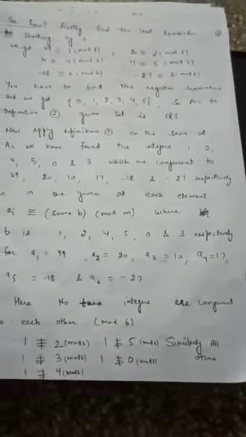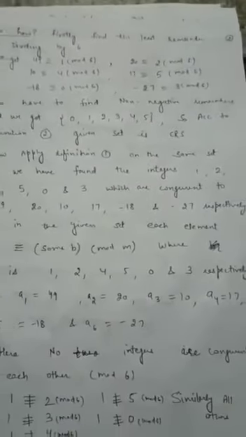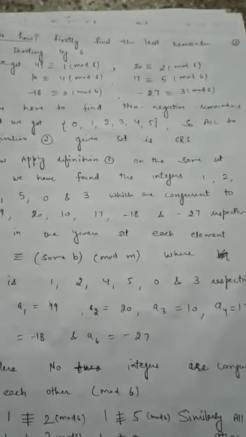That means firstly we have to find the least remainder of these elements when dividing by 6, because 6 is given in mod.